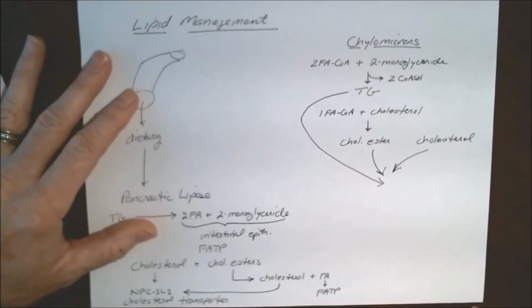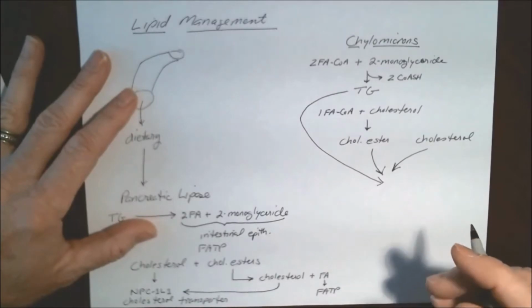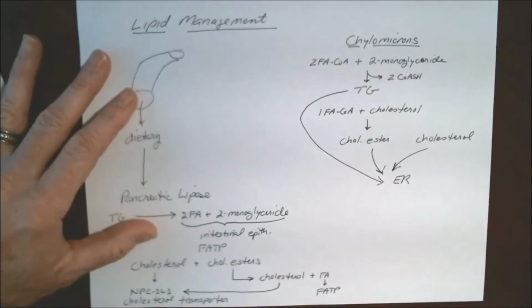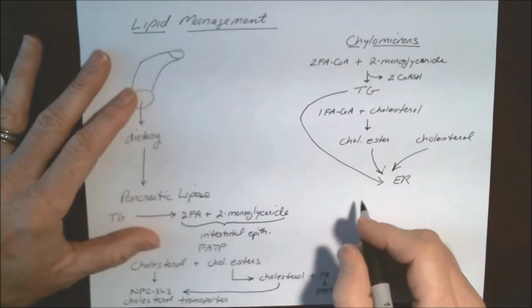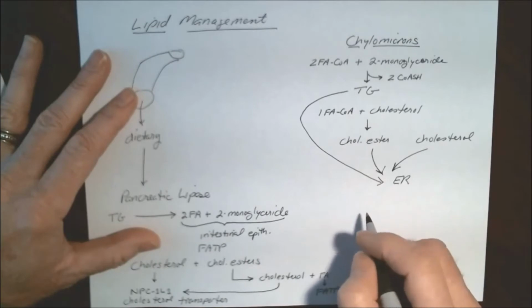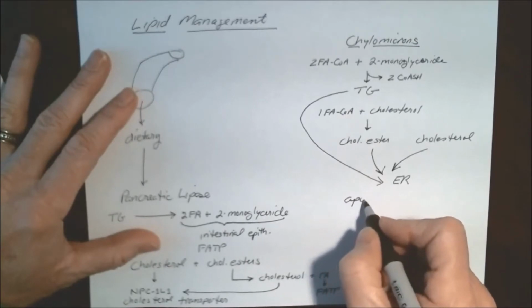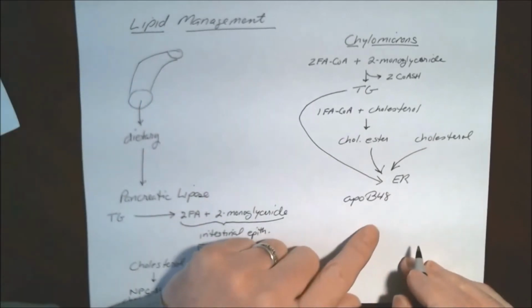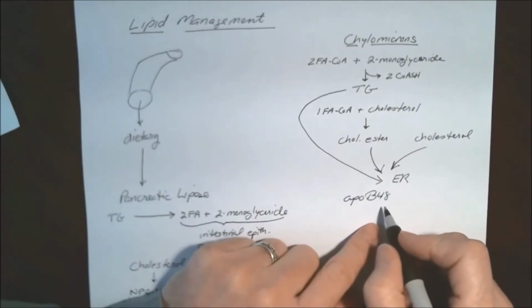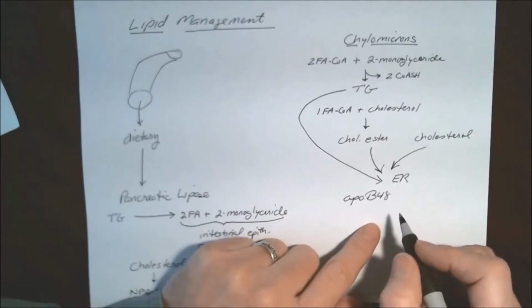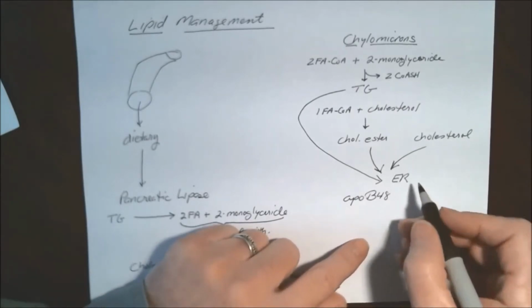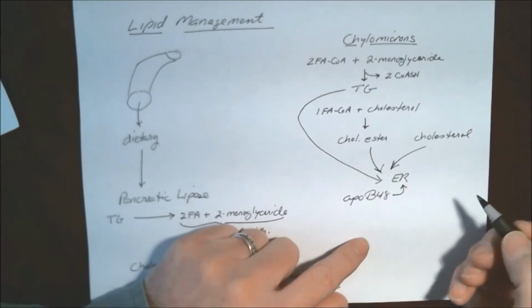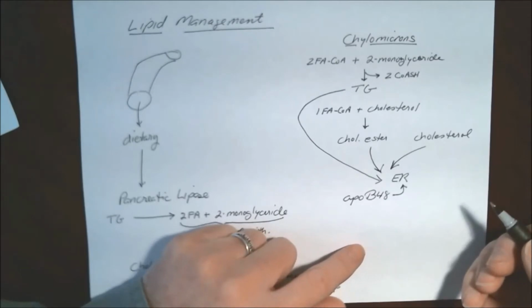The chylomicron structure is going to be assembled on the endoplasmic reticulum surface. So recall that when we do secretion of proteins, in our case we're going to be talking about ApoB48, which is the apolipoprotein that is responsible for the structure, the skeleton of the chylomicron. This is going to be translated into the ER because it is a secreted protein.